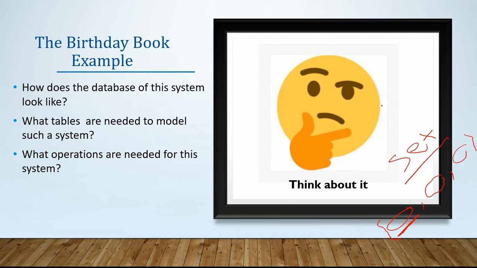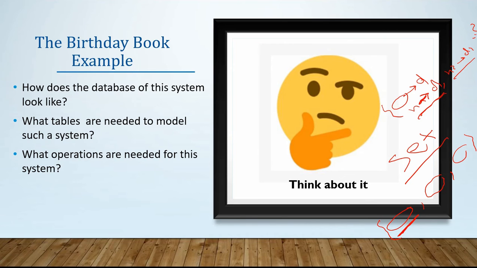Then maybe we can say the name of this guy, and this name is related to dates. So name 1 and date 1, then name 2 and date 2, name 3 and date 3. So we write it like this. So it's okay, this is one table.